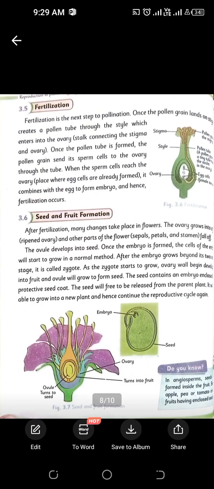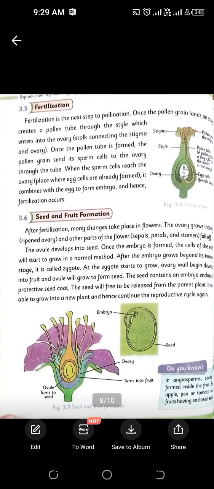Now, fertilization is the next step after pollination. First of all, the anther transfers to the stigma. Then the anther starts traveling to the style, and then it gets fused in the ovary and forms a zygote, and then the process of fusion takes place.